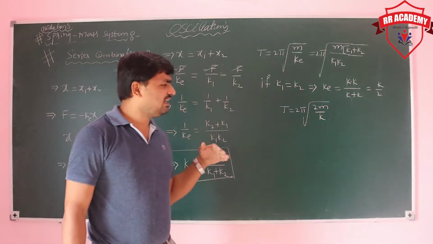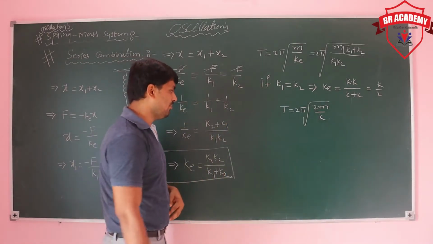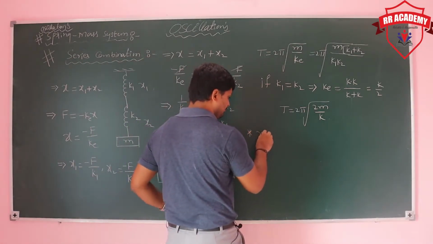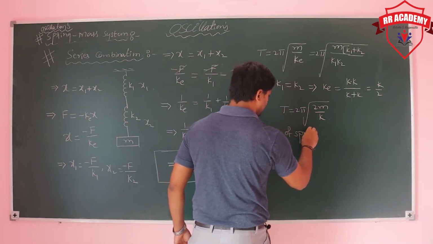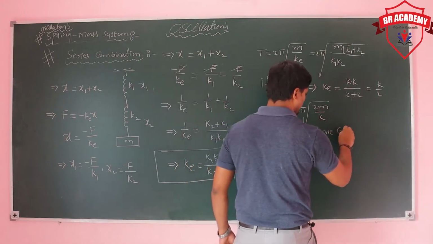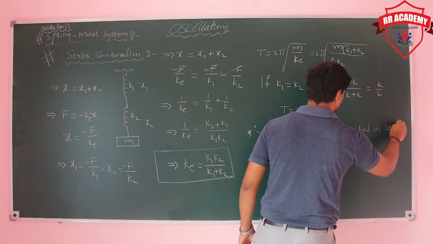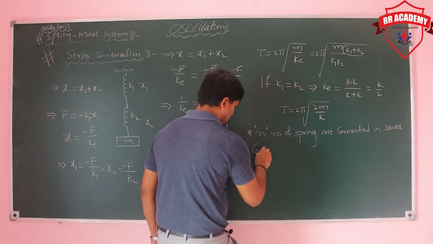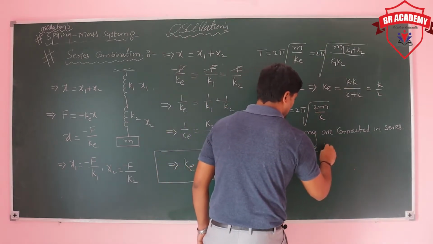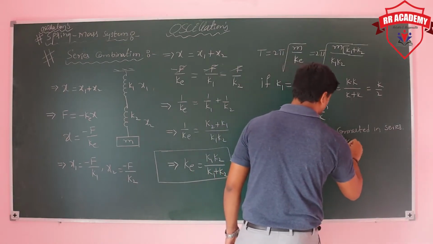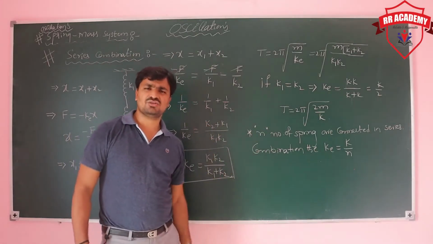In case we are connecting n number of springs in series combination, then the effective value of K decreases to K by n times.